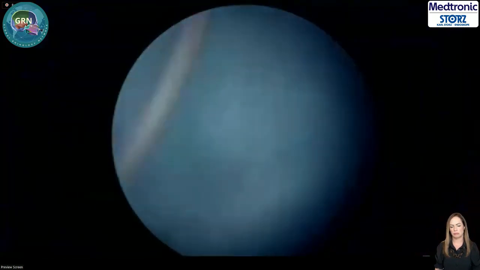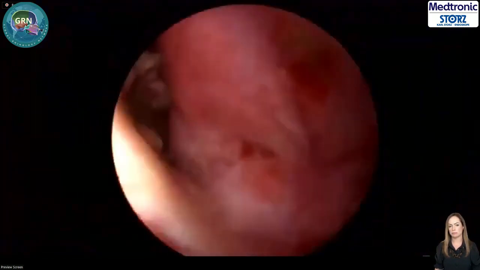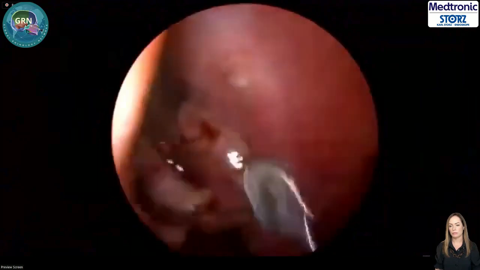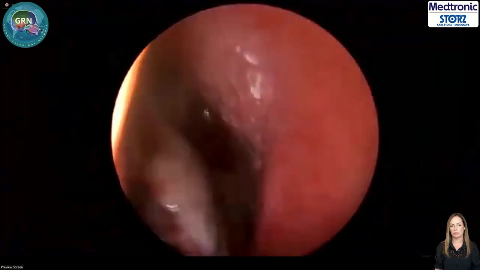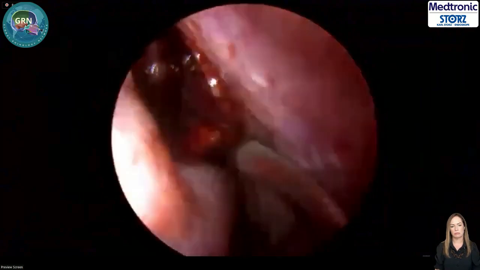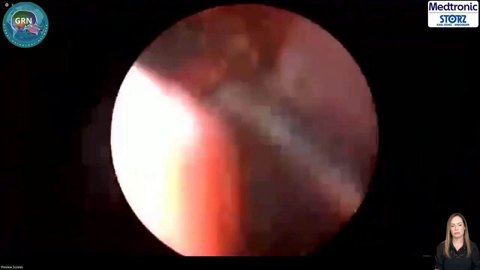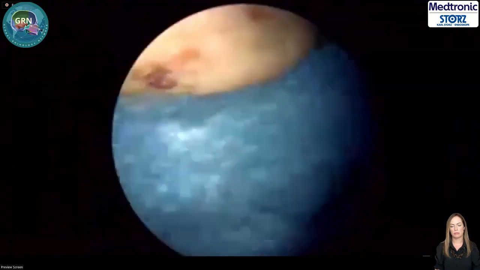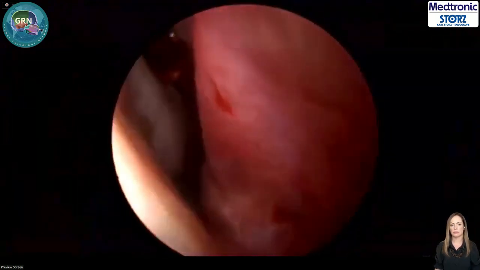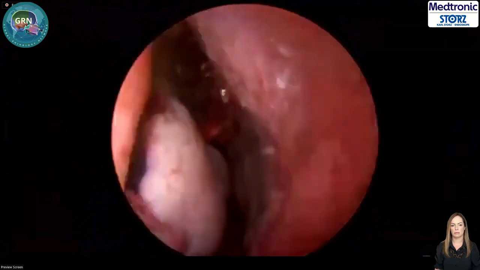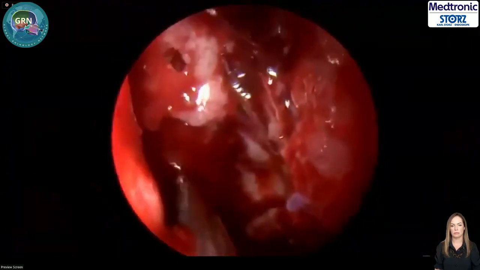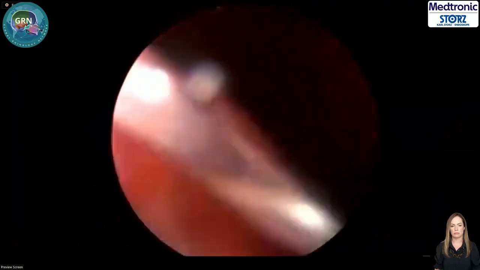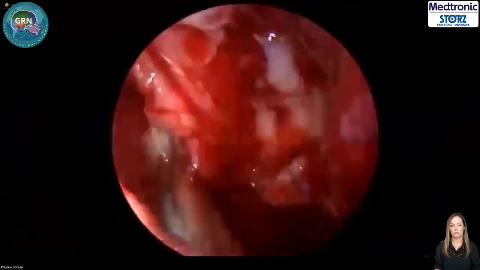No, because you can see that the endoscopic control of the maxillary sinus with such a large antrostomy is very nice.